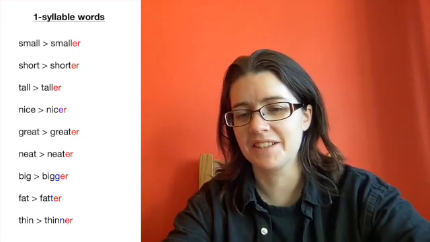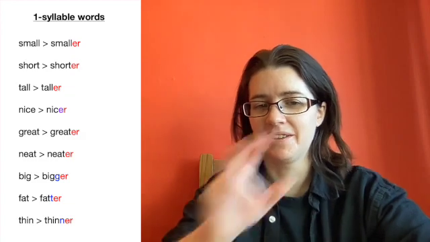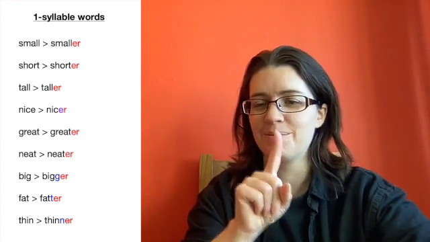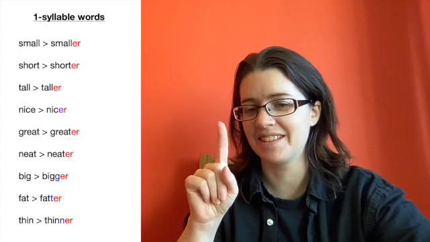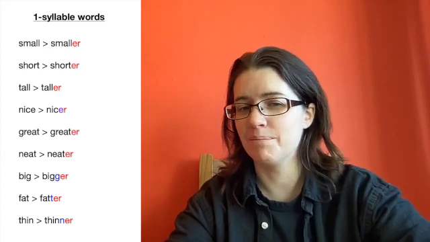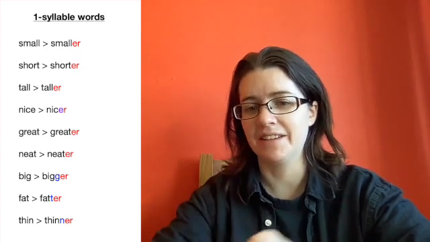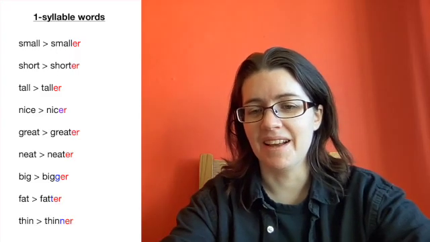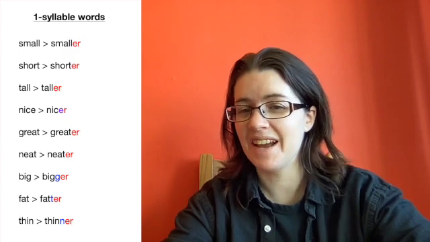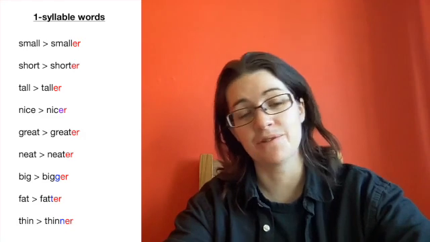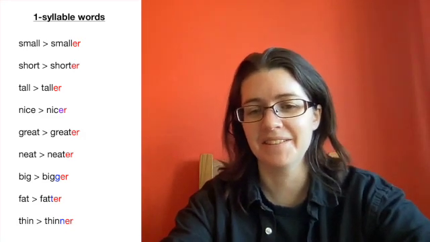If the adjective spelling is consonant plus one vowel plus one consonant at the end, then the final consonant must be doubled before you add ER at the end. And also with nice, you only put an R at the end because it already has an E at the end.